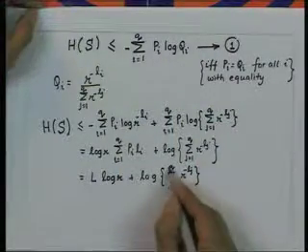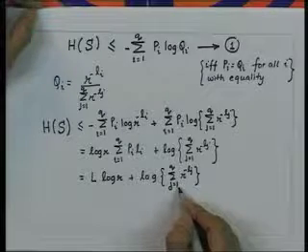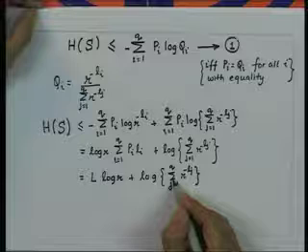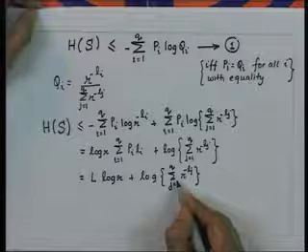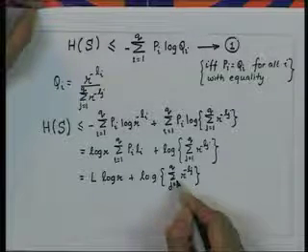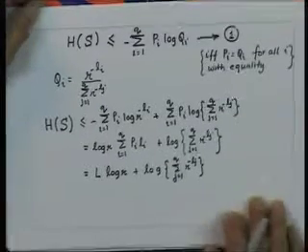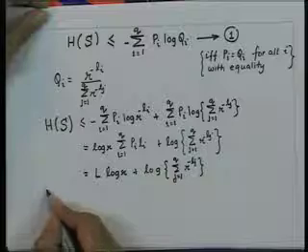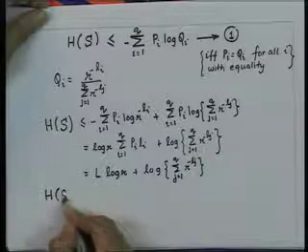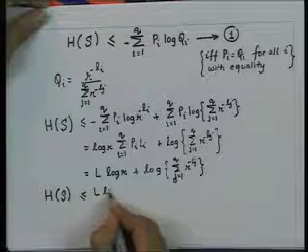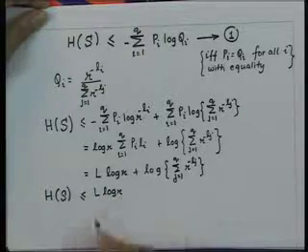Now, if this quantity is less than or equal to 1, then the logarithm of the quantity will always be less than or equal to 0, and in that case we can write this as H(S) is less than or equal to L log r.